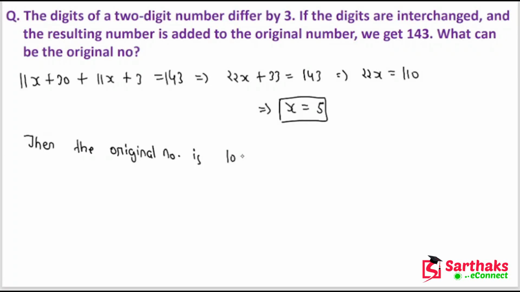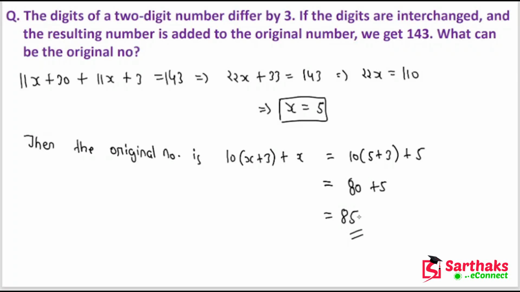So the original number was 10 into x plus 3, plus x. So it was 5 plus 3, 8, so 10 into 8 equals 80, plus 5. So the number would be 85. So this was the original number.